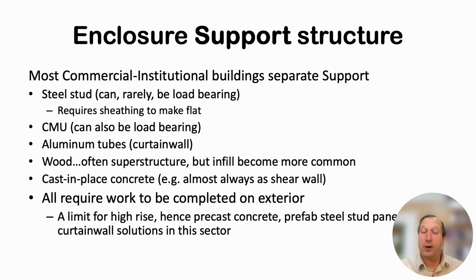It's not just the support that we're installing, the whole system is installed in a prefabricated manner, almost entirely because of the expense of access above 8 to 10 stories. Below 8 to 10 stories, there are fewer drivers and cost savings.